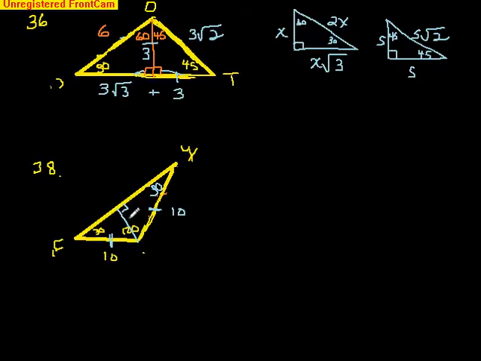And what we're going to have is this is going to be 90. So if this is 90, this is 30. This one right here has to be 60. That one has to be 60. And then if this is 30 and this is 90, then this one has to be 60. So we have a 30, 60, 90 degree triangle.